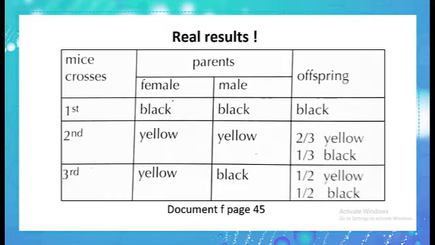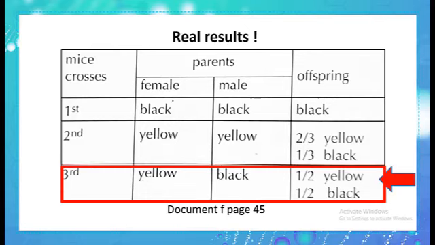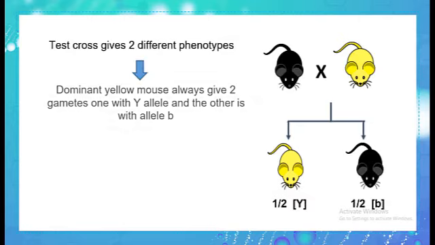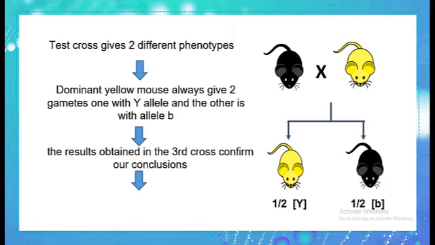The results obtained in the third cross confirm our conclusions about the yellow allele. Since the cross of the yellow mouse with a black one always gives 1/2 yellow and 1/2 black, it indicates that the yellow mouse always gives 2 gametes, one with the yellow allele and the other with the black allele.